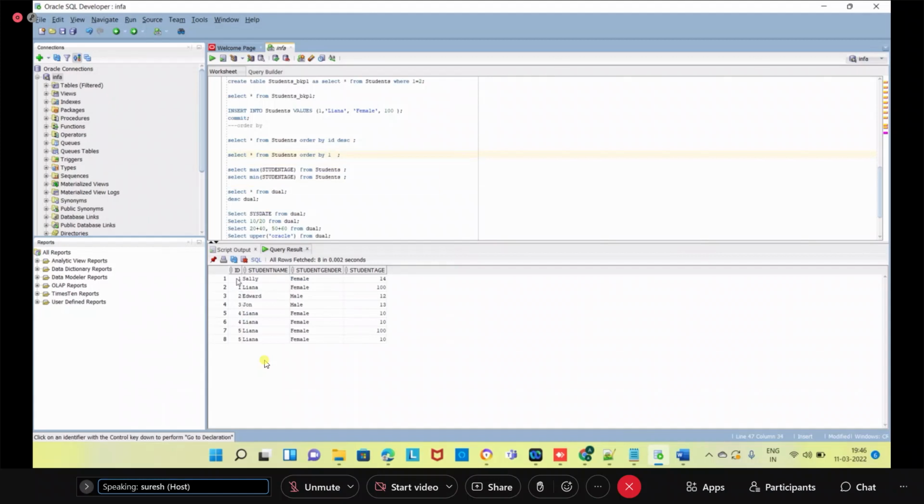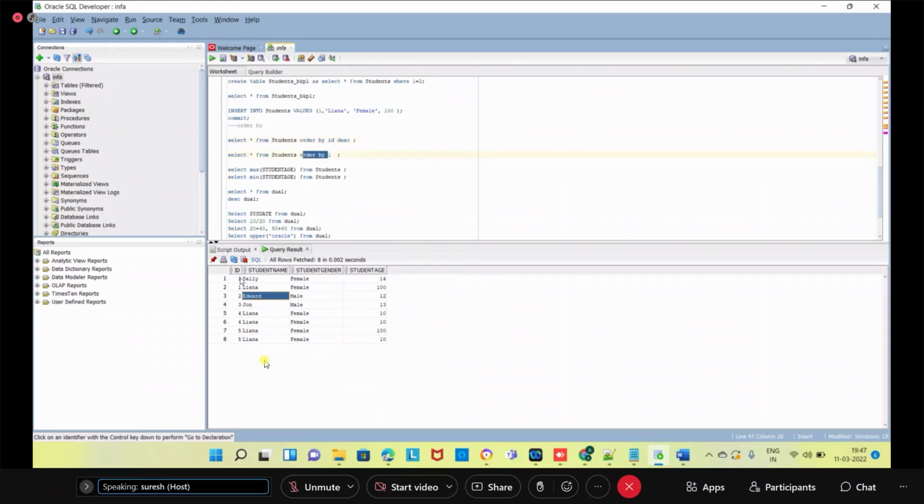Ascending is if you want to have the values from lower boundary to upper boundary, then ascending. But descending is if you want the values to be printed from the higher boundary to the lower boundary, then descending.